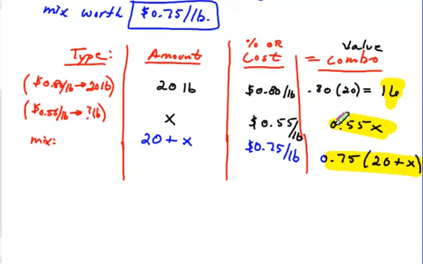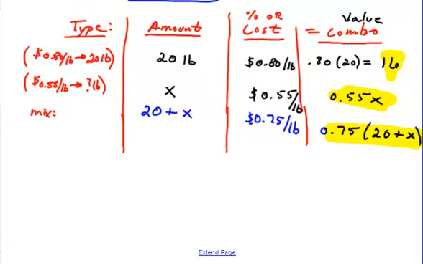Good. So 16 plus 0.55x is equal to all this stuff.